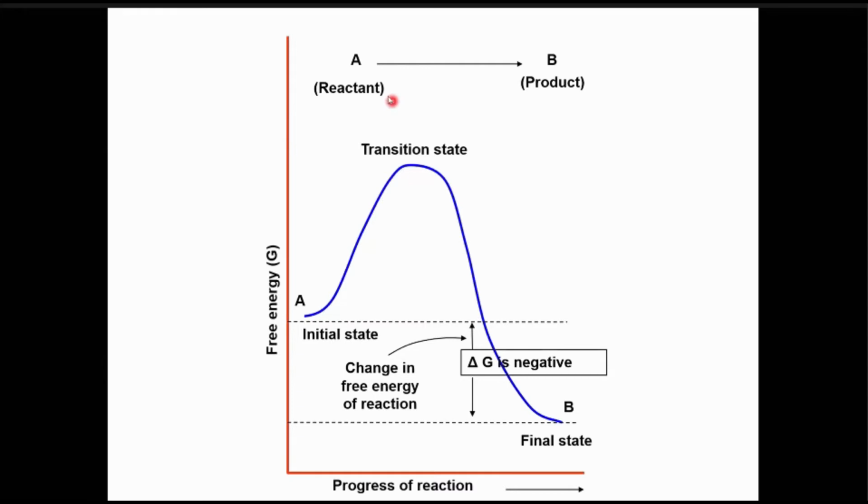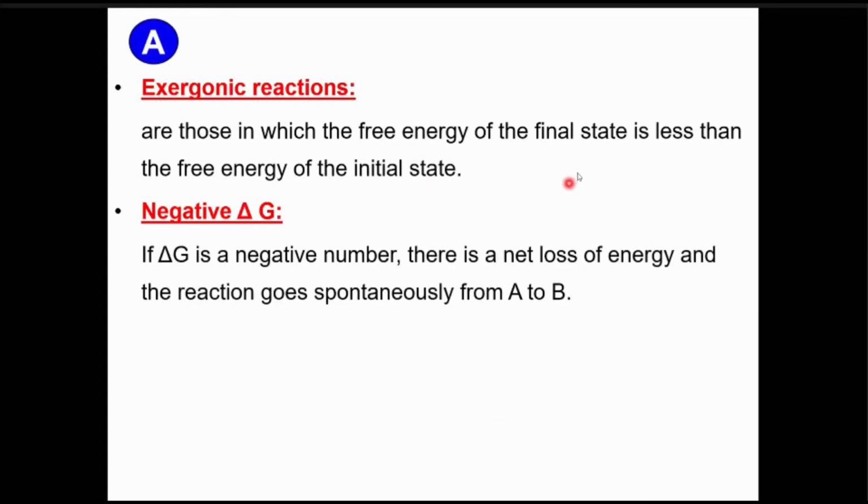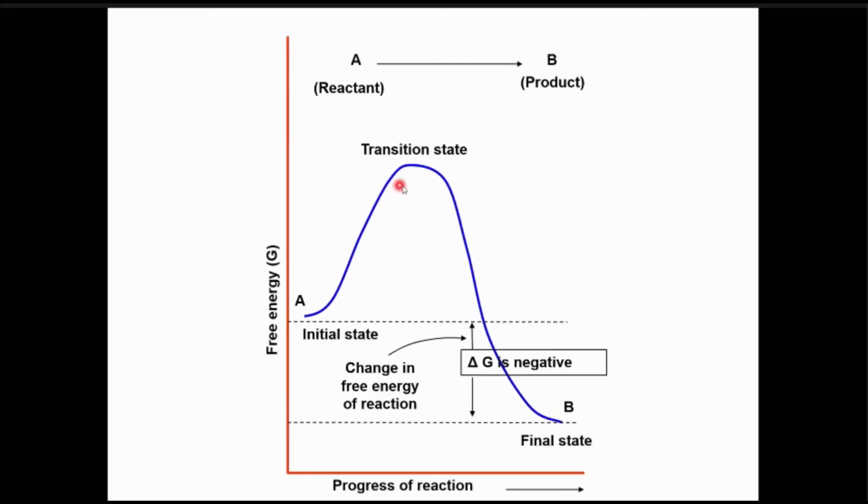So you move in the exergonic reaction from A to B. The initial state is A and the final state is B. As you can see, the final state, B, is less in energy than the initial state, A. This is top and this is bottom.